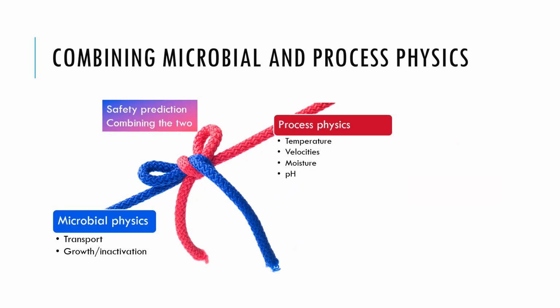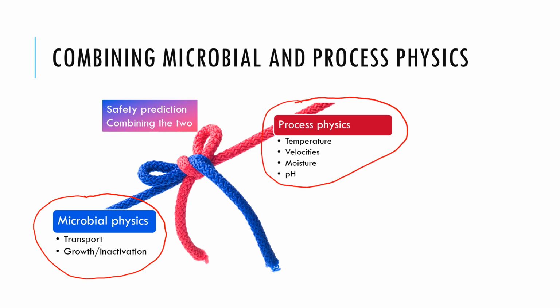So the microbial physics framework that we discussed here needs process information. Why? For example, microbial growth needs temperature. So that temperature or moisture will come from the process physics. So the bacterial physics needs to be combined with process physics, and together they do our safety prediction.